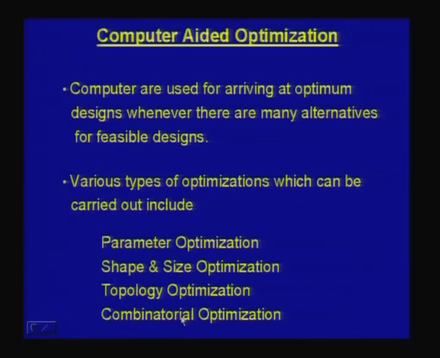There are also situations where one can use computers for a combinatorial optimization. In a combinatorial optimization, the feasible designs are available as a fixed set. Either you have the feasible designs as a set which are a few hundreds in number, or maybe a few thousands, or it may be a few millions.